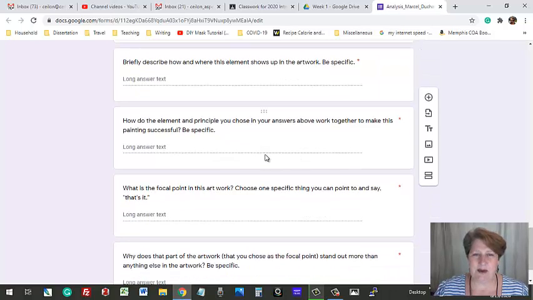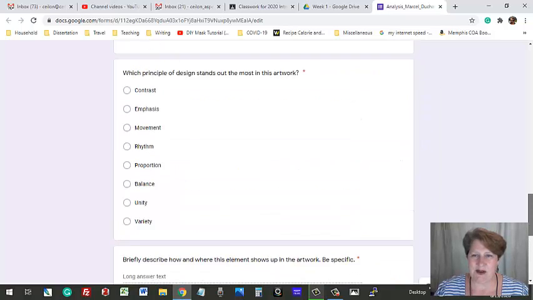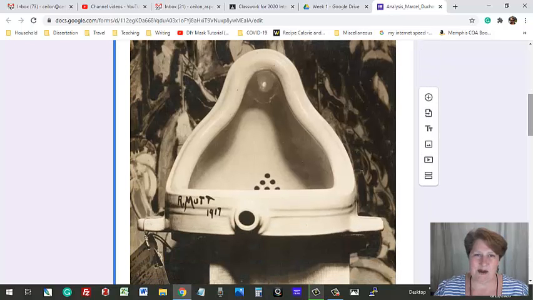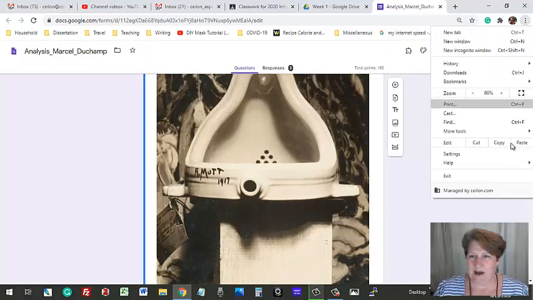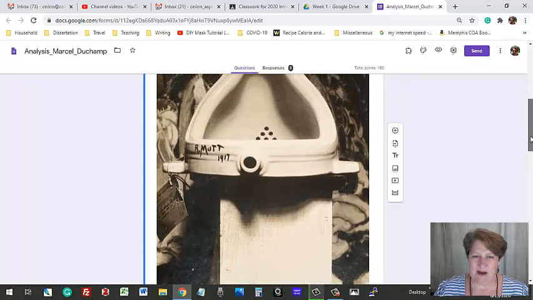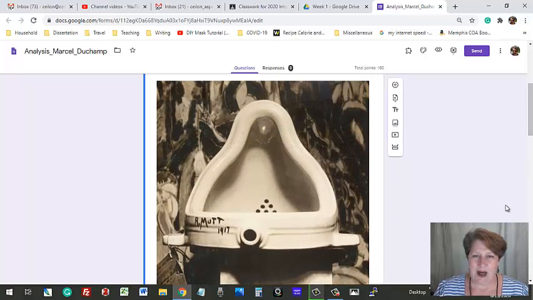How do the element and principle you chose in your answers above work together to make this painting successful? Be specific. So I've just told you what I think the most important art element and principle of design are, and I'm going to tell you now that I think they work together to make the artwork successful by, well, I think I've already told you this. I said so in the description of value and contrast.